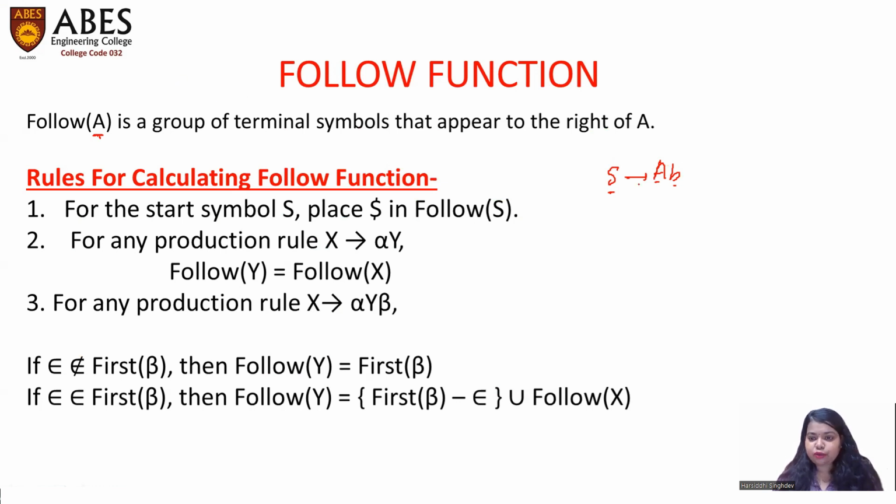Now, if we find the follow of capital A, we just look at the right hand side of A. What is the right hand side of A? Small b. So we can write follow of A contains only small b.